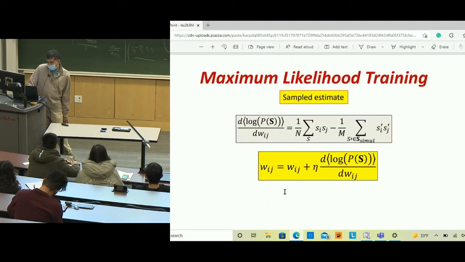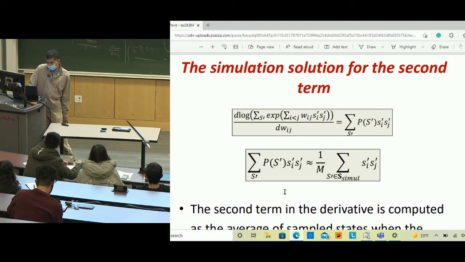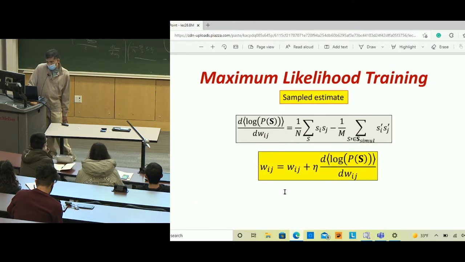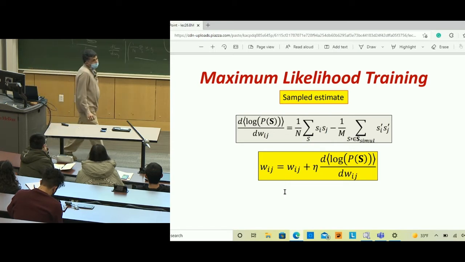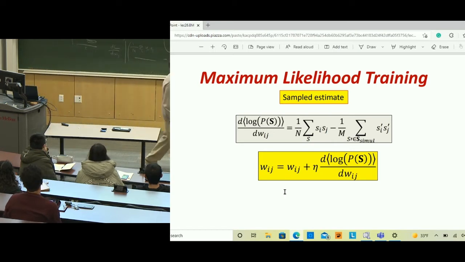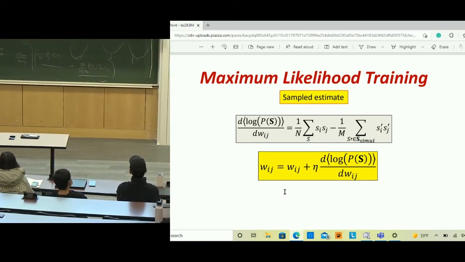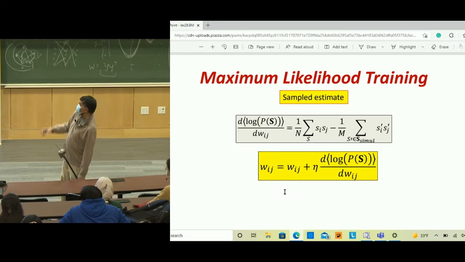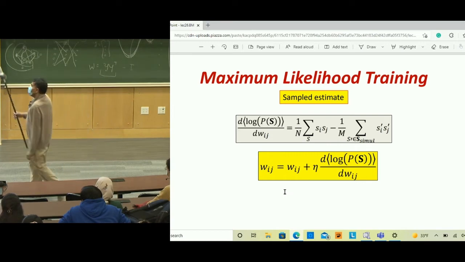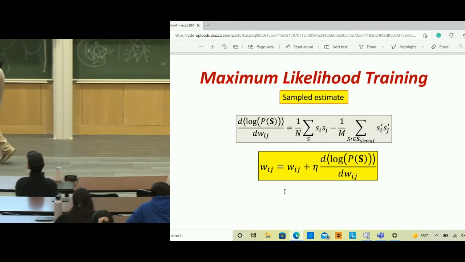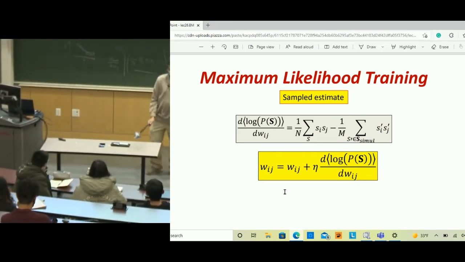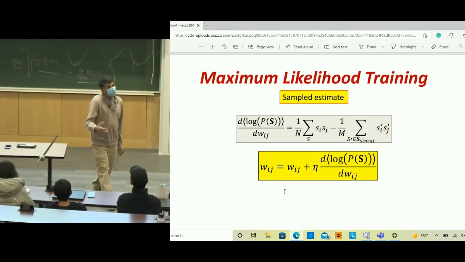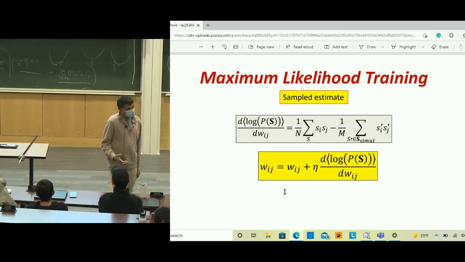So if you actually look at what's happening over here, here's what we got. If you look at the final derivative rule, this ends up looking like something we saw in the last class. That first thing over here is just the average of the products of pairs of bits on the patterns that you're trying to remember.